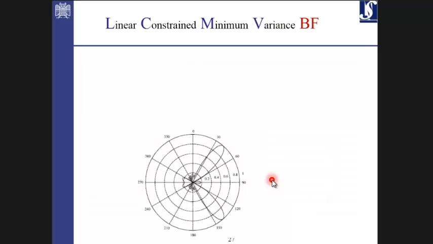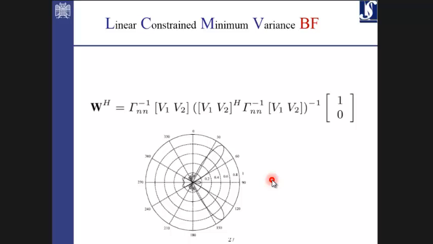So, there is another type of beamformer which is called the LCMV beamformer, linear constraint minimum variance beamformer. With this beamformer, if you have multiple sources, then you can generalize the idea of SuperDirective.